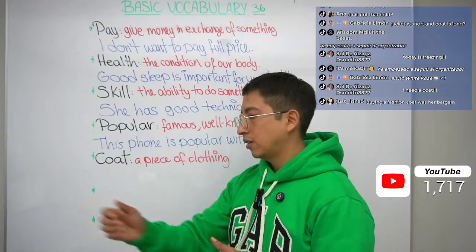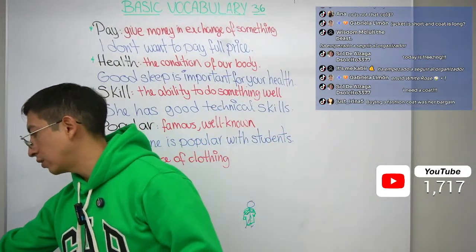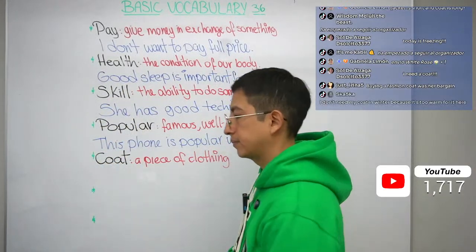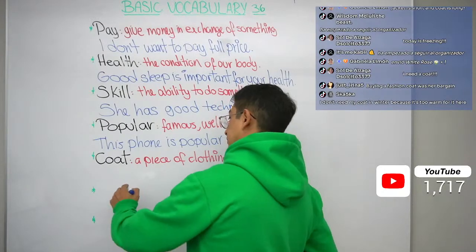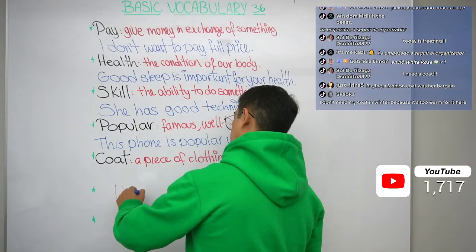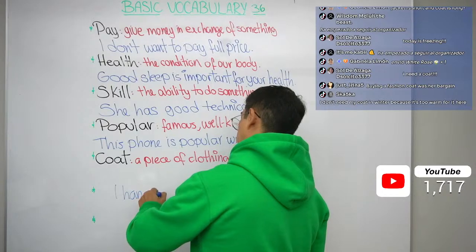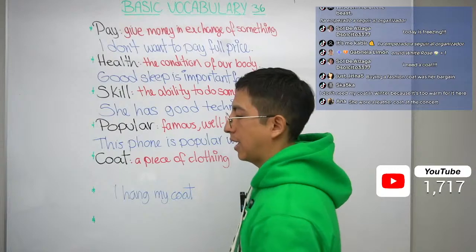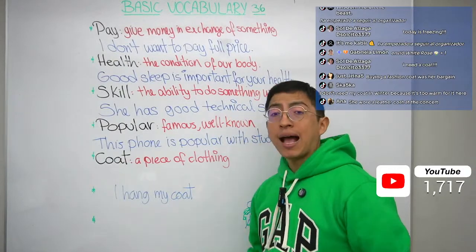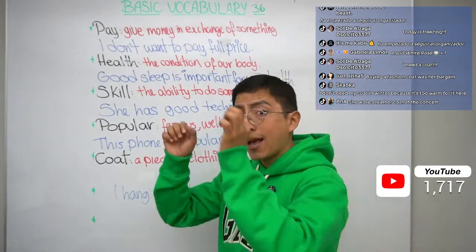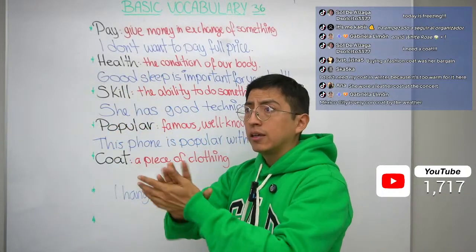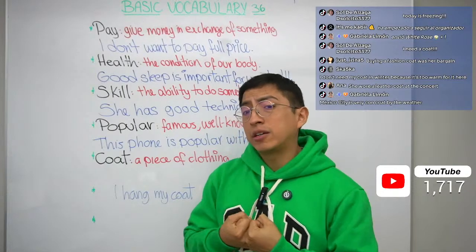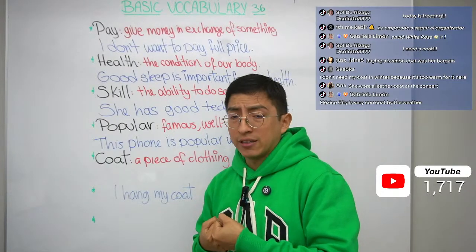Okay, guys. So what do we use here in the case of a coat? Well, you can say I hang my coat. Or I need a place to hang my coat. You wear a coat or you put on a coat because it's very cold outside.